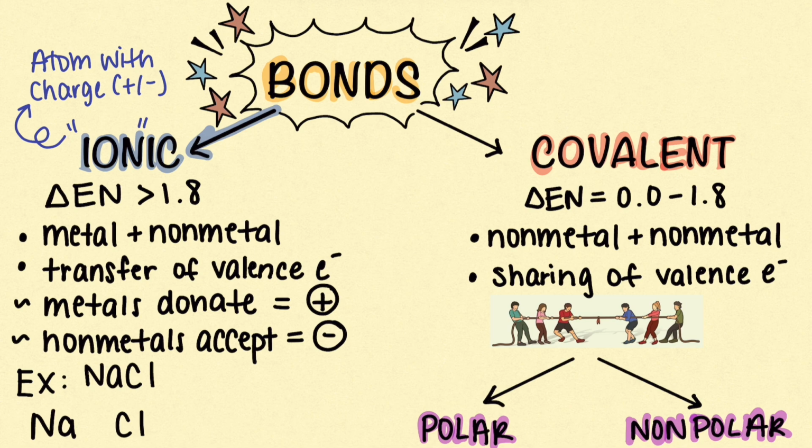Metal first, nonmetal second. Ionic bonding involves the transfer of valence electrons, meaning one atom donates and the other accepts. As a rule of thumb, remember, metals tend to donate and form cations, or positive ions, and nonmetals, they tend to accept and form anions, or negative ions.